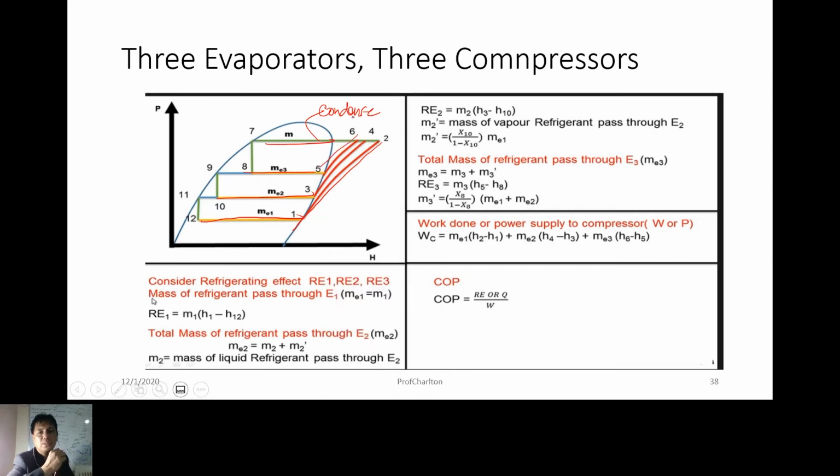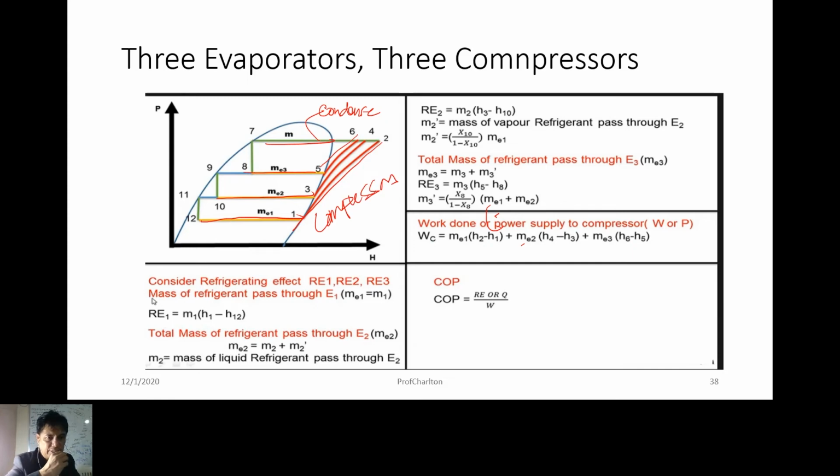Those are the compressors. So there are multiple compressors and multiple evaporators.